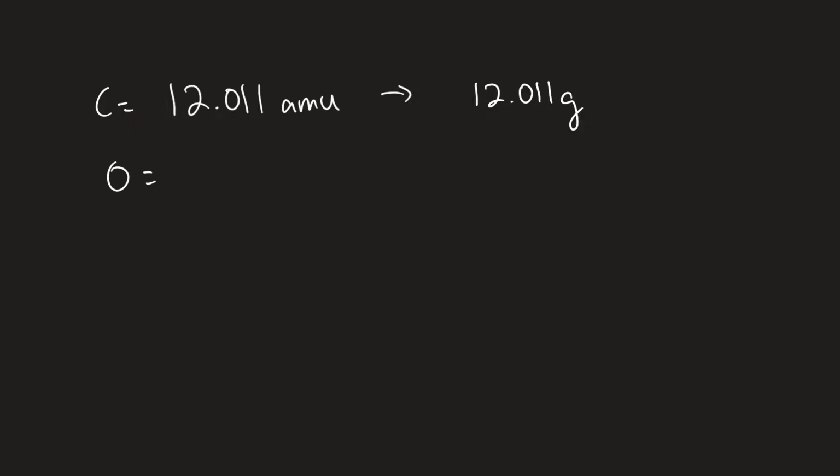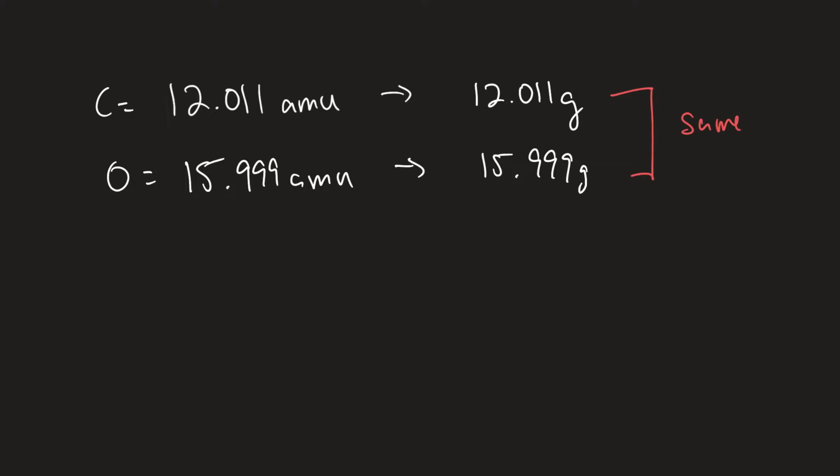Remember, when we talked about oxygen, its atomic weight is 15.999 AMU. If we were to get 15.999 grams of oxygen, we will have the same number of atoms between the two, even though they have different mass.